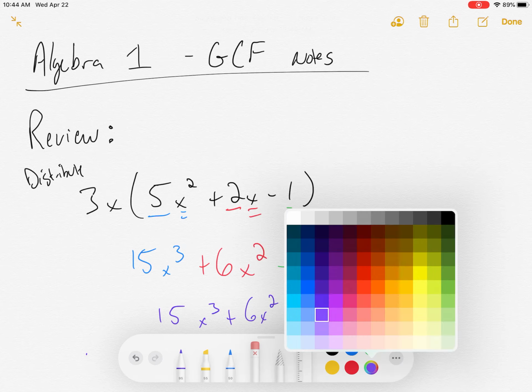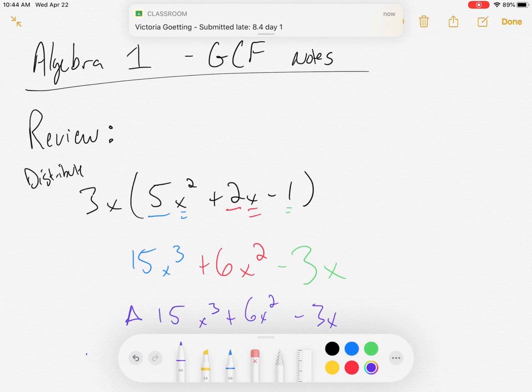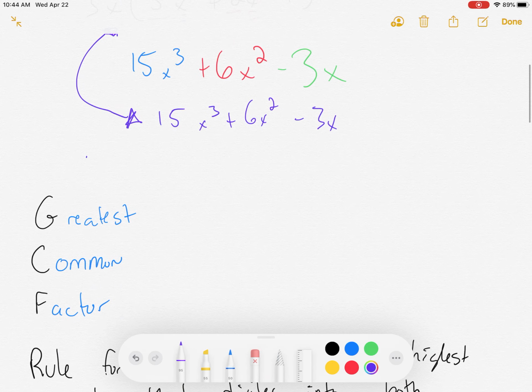I'm going to make this a little less sloppy. Today what we're actually going to do is, instead of distributing, we're going to start from the purple one here and go backwards. We're going to make it look like this. In order to do that, we're going to do something called factoring out the GCF.